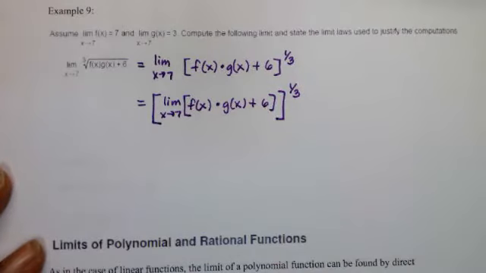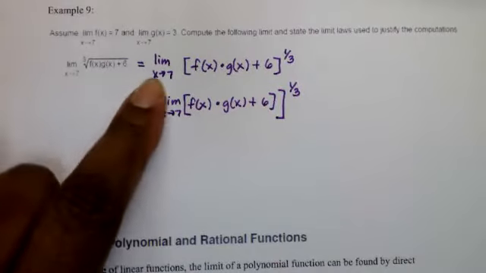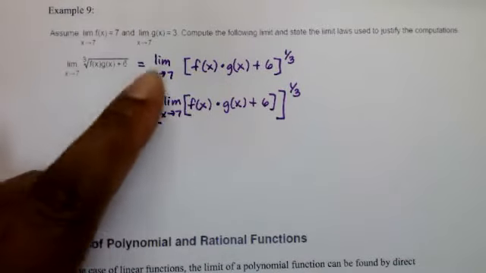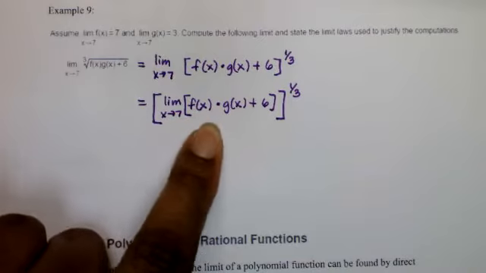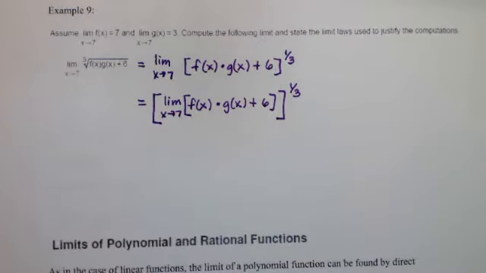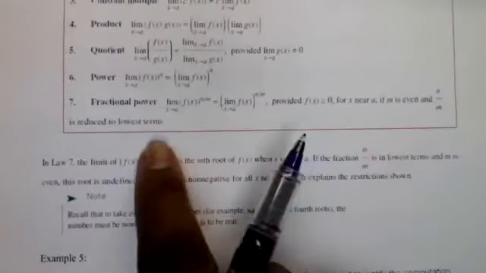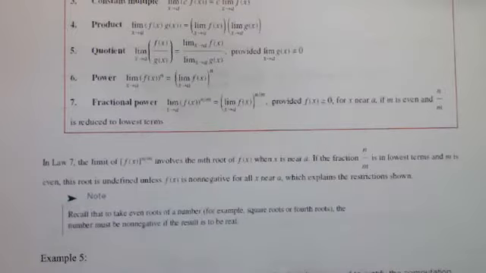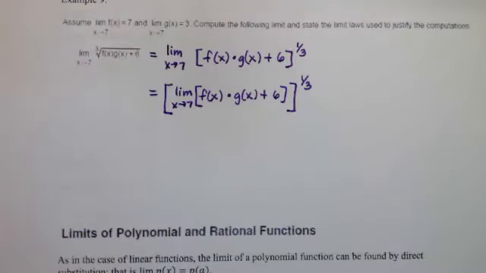Because according to the fractional power rule, if I have a limit of something to that power, then the limit of this, whatever that is, will be to the 1/3 power. So this goes back to that fractional power rule or law.